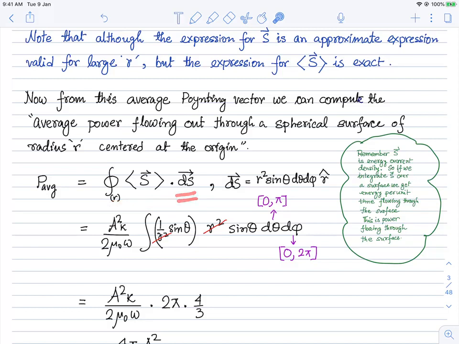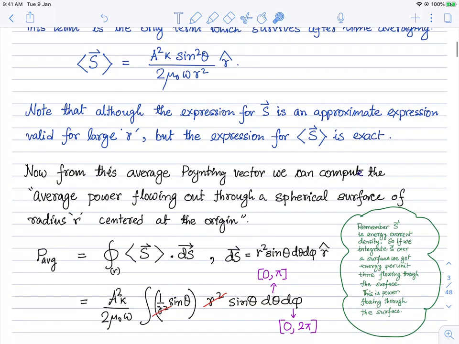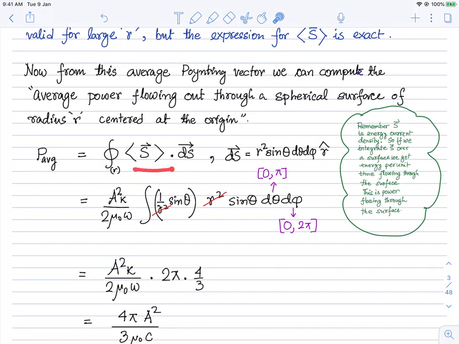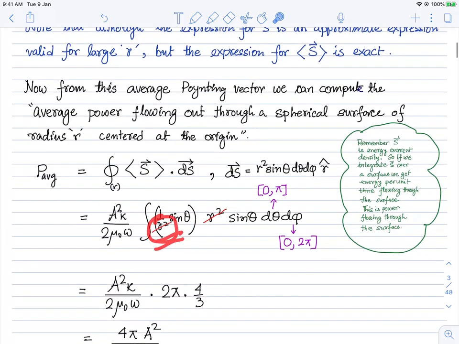The area element on the spherical surface is given by this quantity here. It is of course pointed radially outwards. The time averaged Poynting vector is also pointing along the radially outward direction. So if we take a dot product, r hat dot r hat gives you 1. But the most important thing is that the r square coming from the area element will cancel the 1 over r square in the denominator of the Poynting vector.